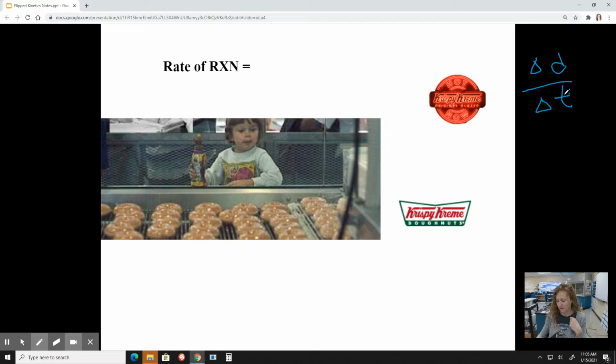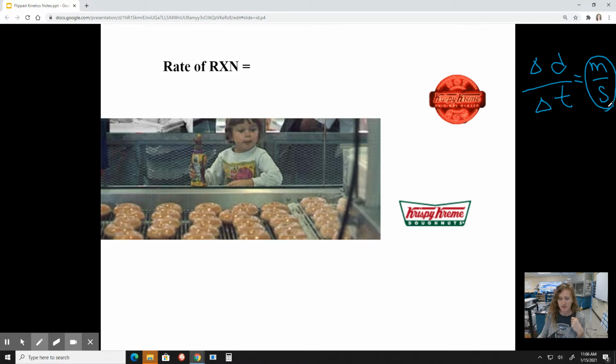Distance over time. In physics, a lot of times when you're talking about rate, you're talking about speed, distance over time. You could be talking about velocity, which is distance over time with a specific direction in mind. Speed or velocity would be communicated in meters per second.